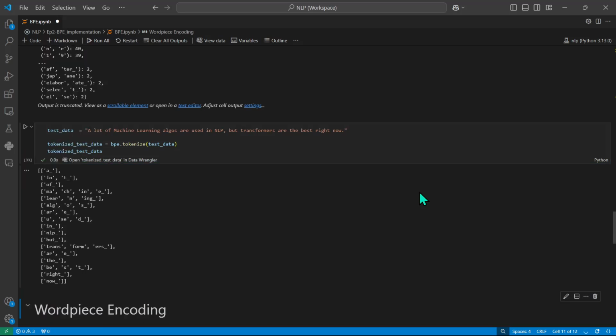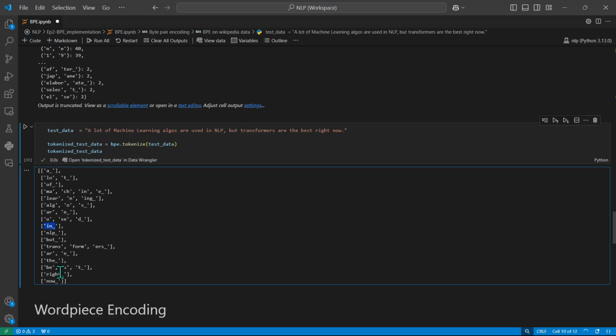So if we run it now, as you can see, the articles, prepositions, vowels, all these things are easily captured together as a whole token. So a, in, but, all these are captured as an entire token.